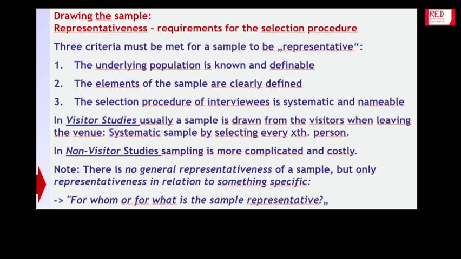Because otherwise I do not know what's going on in the mind of the interviewer to select this person or another person. So in visitor studies, usually it's very easy using this method to gain a representative sample. Just make a systematic selection by drawing a line or something and say every person that crosses this line is interviewed.